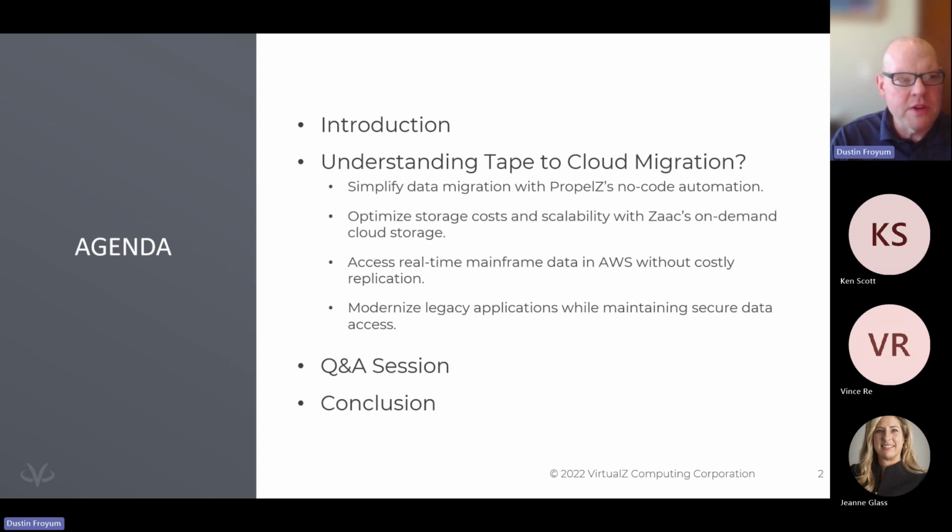That'll cover Zaac, but we'll also talk about some use cases for PropelZ there. And then around accessing real-time mainframe data from AWS. That can be to a data lake or for some AI purposes, but also for application migration and modernization. And we'll go specifically into a particular use case there.